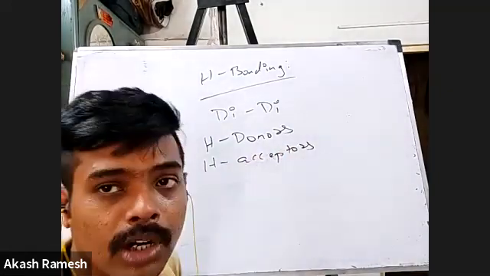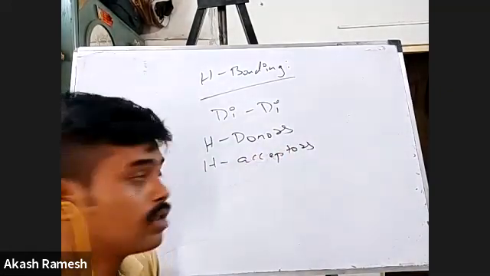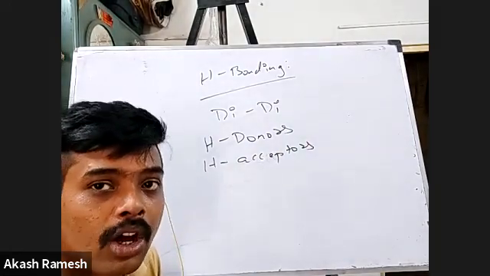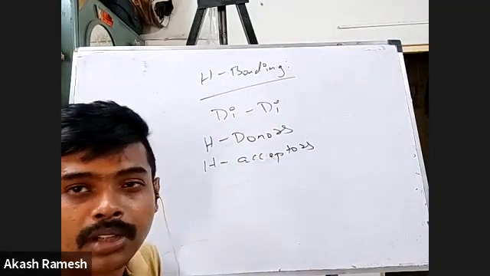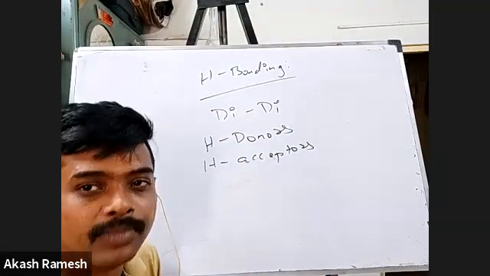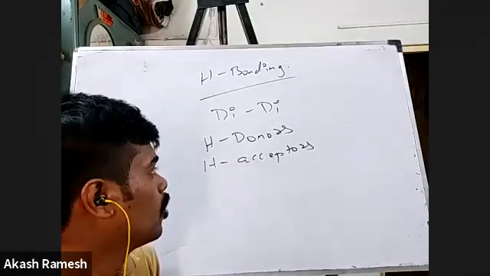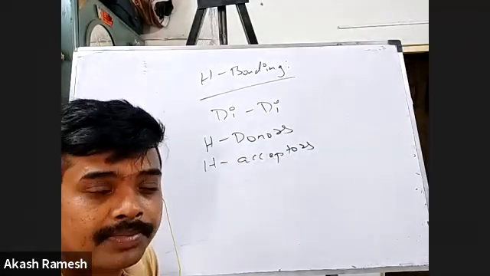For hydrogen bonding to happen, these two things should be there in that particular species. Now you have to ask me the question, sir, what is this? Yes. So what do you mean by hydrogen donors?